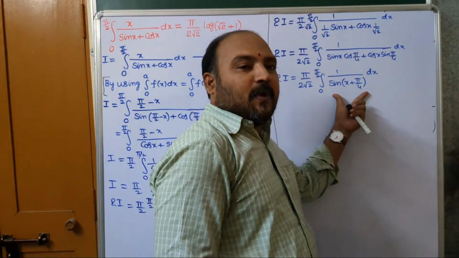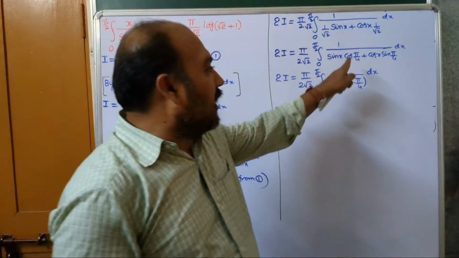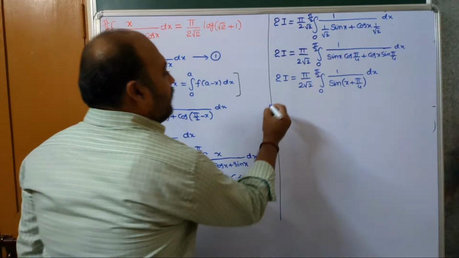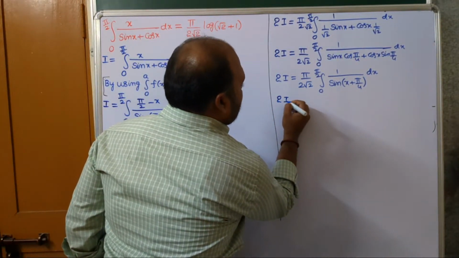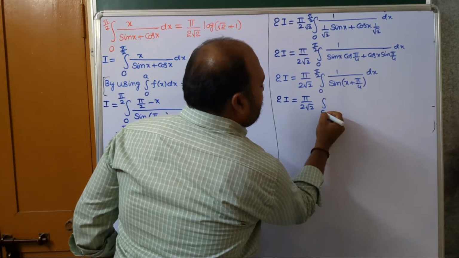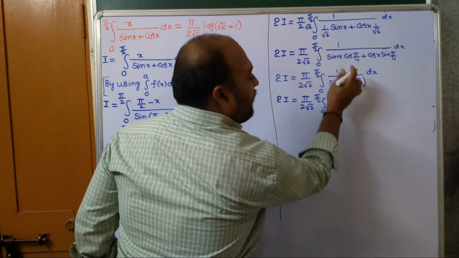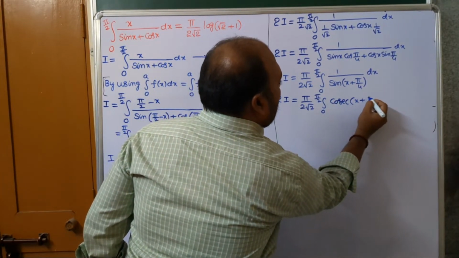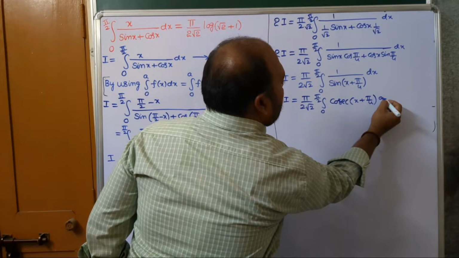Sin a cos b plus cos a sin b. So 1 by sin is cosecant. So 2I is equal to pi by 2 root 2 integral 0 to pi by 2, cosecant of (x plus pi by 4) into dx.